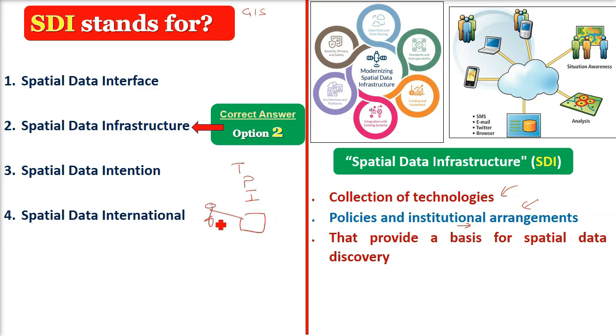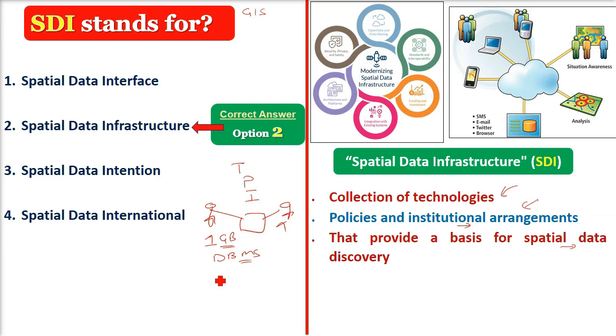For example, you say this data should be accessible only to these people, not to these people. So these are institutional arrangements. You say policy, that is, 1 GB of data can be accessed, 5 GB is not possible. Those are the policies being made. So you need to have a database management system which is actually working behind it. If you combine all this, it becomes a spatial data infrastructure.